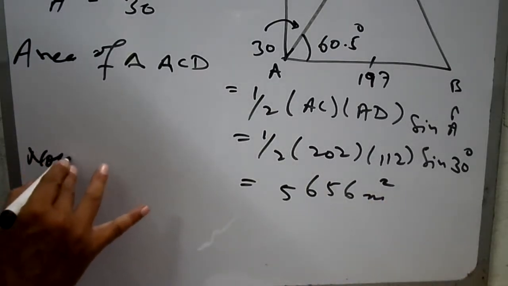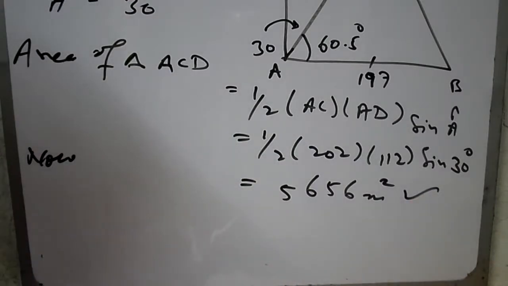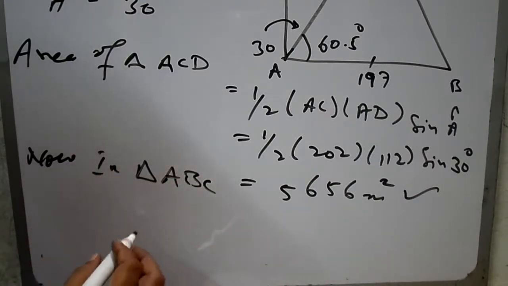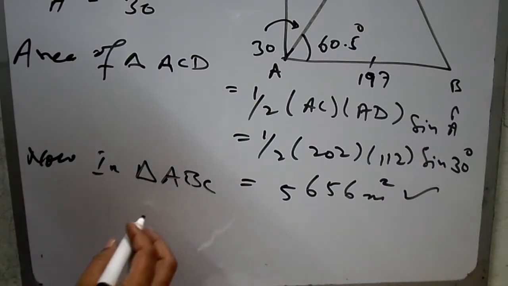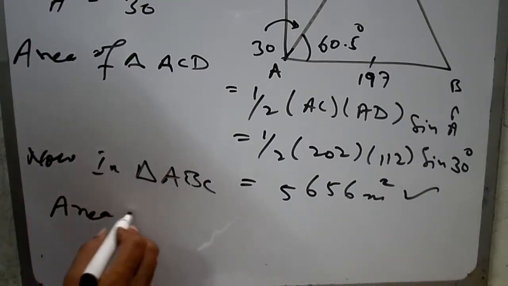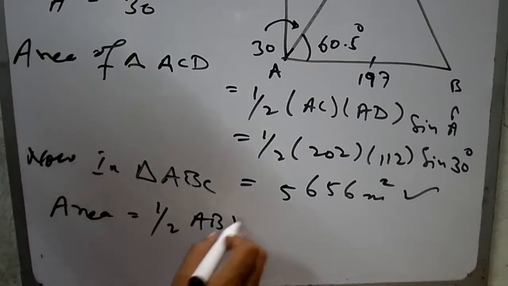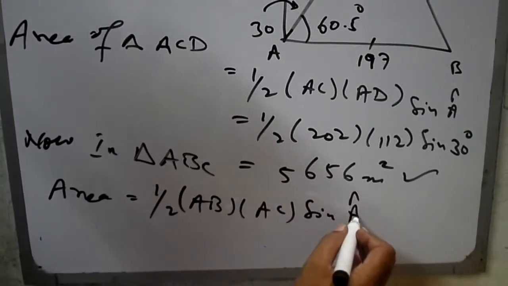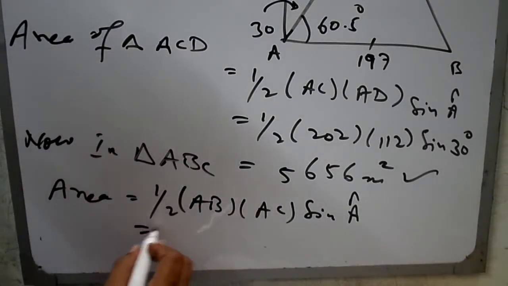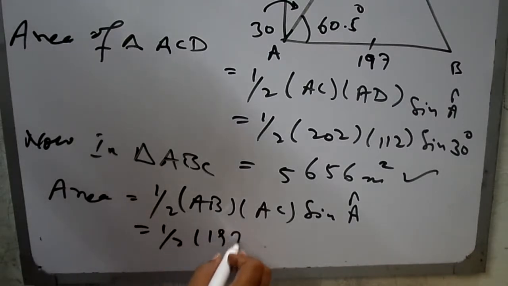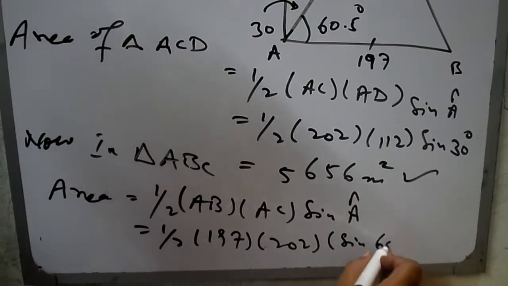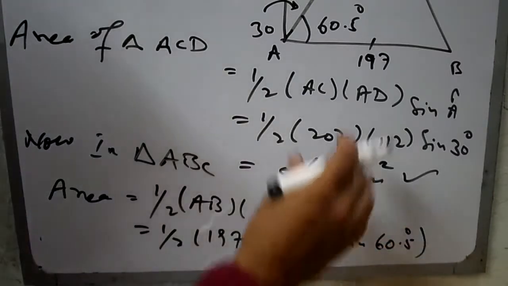Now you have to take the triangle ABC. Now in triangle ABC, the area is equal to half AB AC and sine A. So putting the values, half into 197, 202 and sine 60.5 degree, so it is given to us.